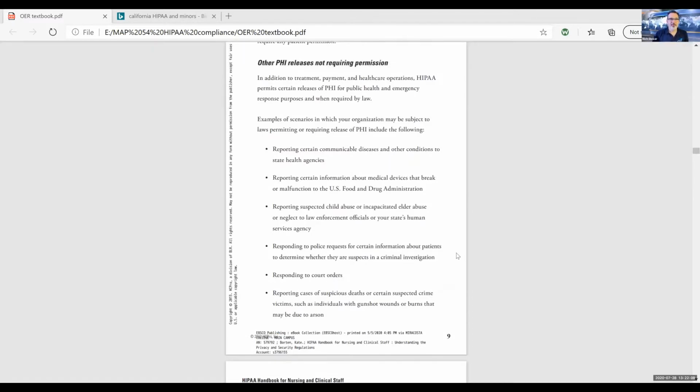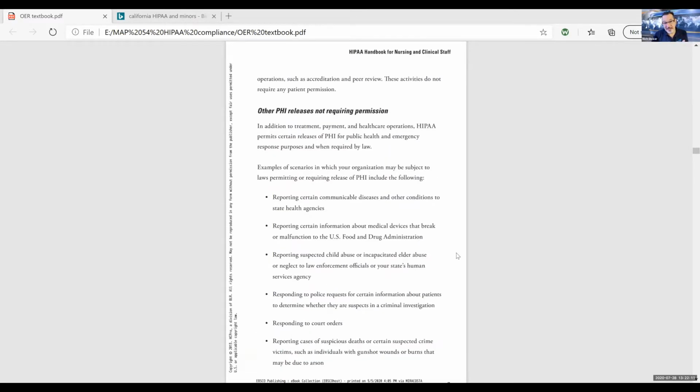So on page 9, we left off where we talked about PHI, protected health information, which is confidential information that we help maintain the patient's right to keep confidential. But there are exceptions.